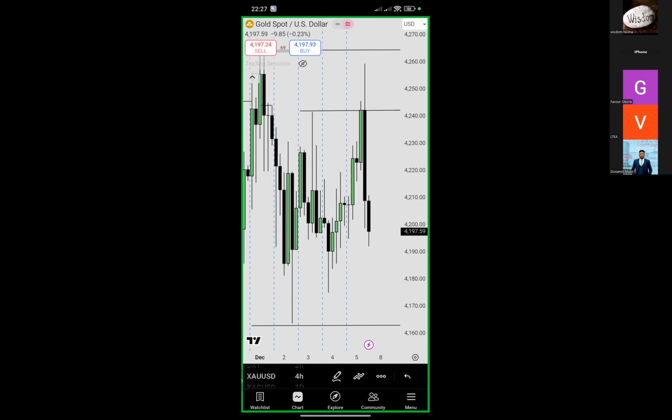Now, oh, I cannot mark your thing. You see the green candle where it opens? This candle here. So if you mark it out, some people will say that is the order block, right?